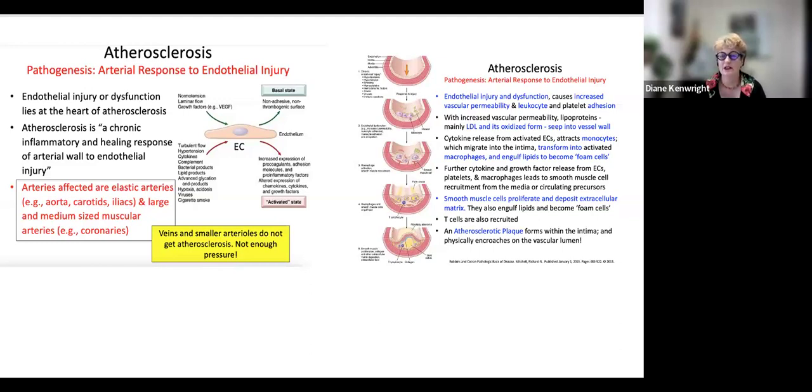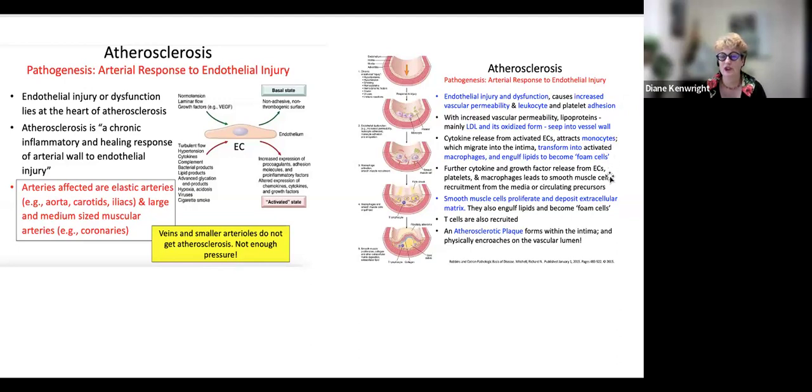So endothelial injury and dysfunction causes increased vascular permeability, which means that lipoproteins, mainly LDL, seep into the vessel wall, followed by cytokine release, which attracts inflammatory cells.